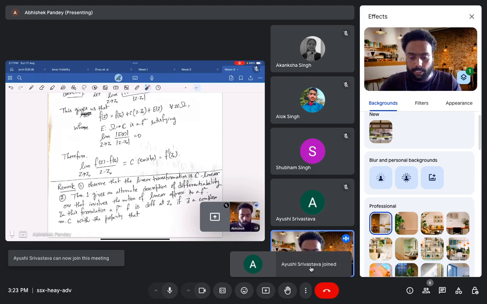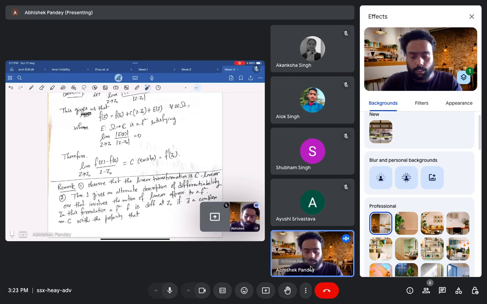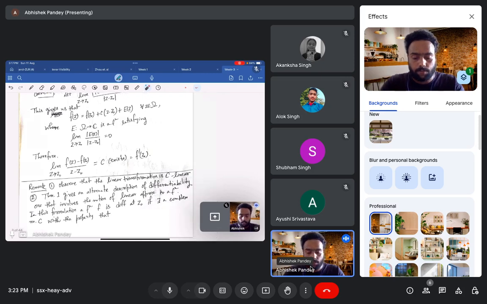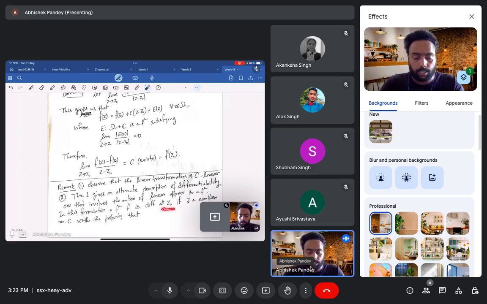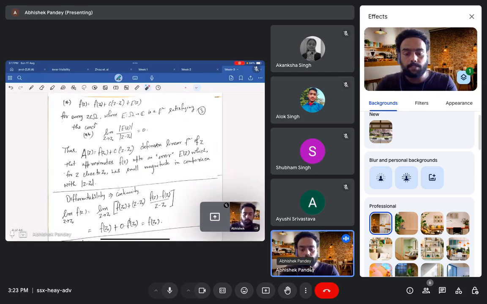So basically, in other terms, f is said to be differentiable at z naught if there exists a complex number c with the property that f(z) can be represented as f(z naught) plus c times (z minus z naught) plus E(z), where E is a function satisfying this quantity.